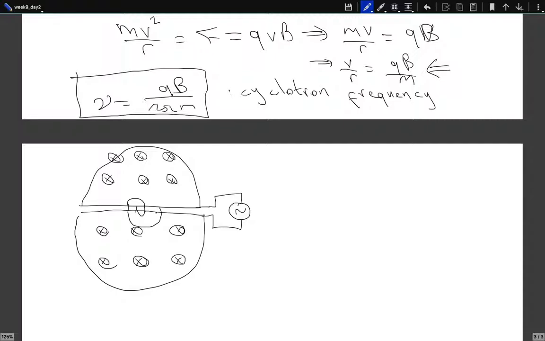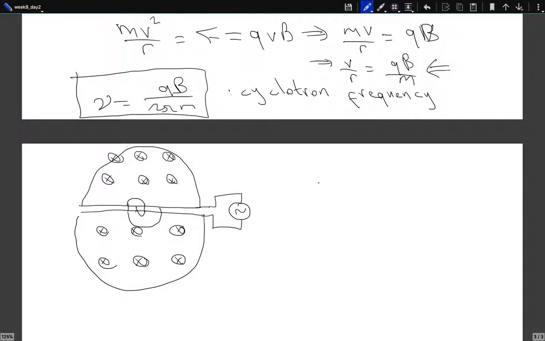So once you know the magnetic field you have, you know the charge of the particle that you want to accelerate, and the mass of that particle, so you know which frequency you should use for this source. And as long as your potential has the same frequency, you will get your particle accelerated, so it will go around larger and larger circles, and eventually you have some tubes over here which takes away the particle, and you have your particle.